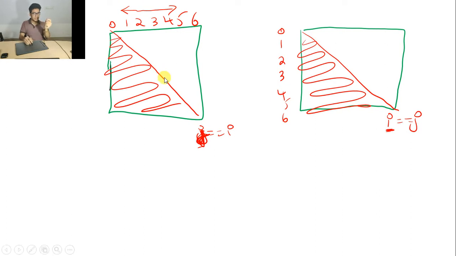Here, don't you think the I value is moving from top to bottom? Yes. Now, from this line, you have to talk in terms of j only. J means what? Column. J means column.